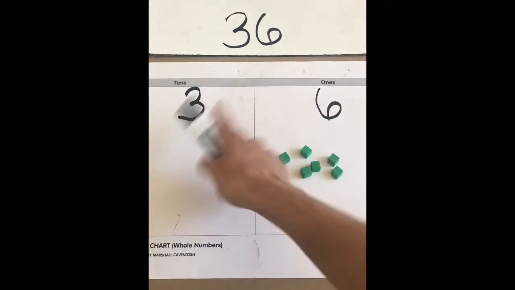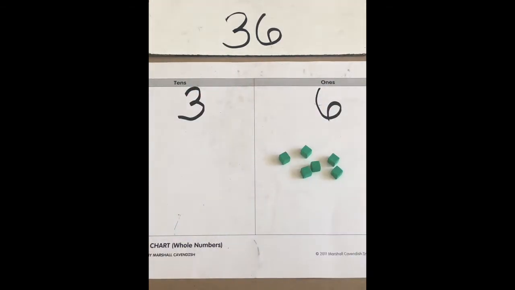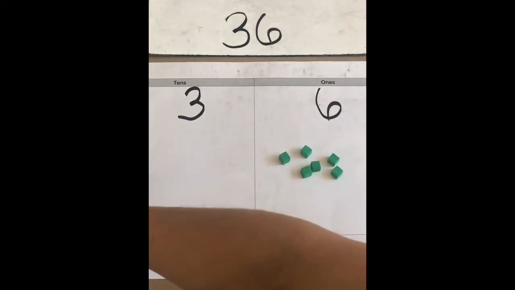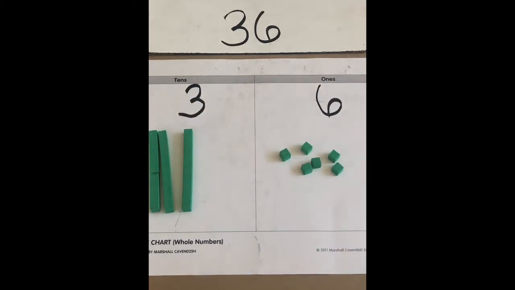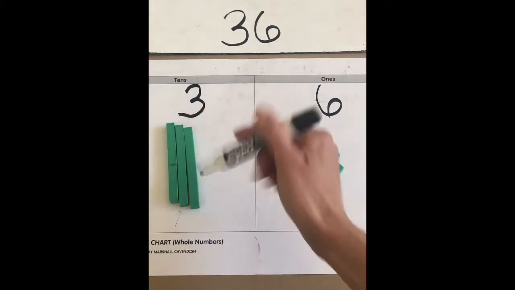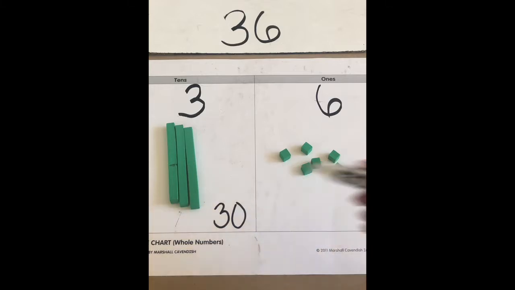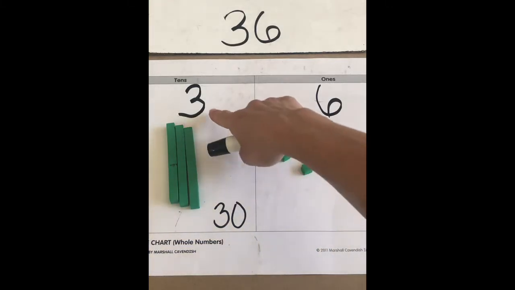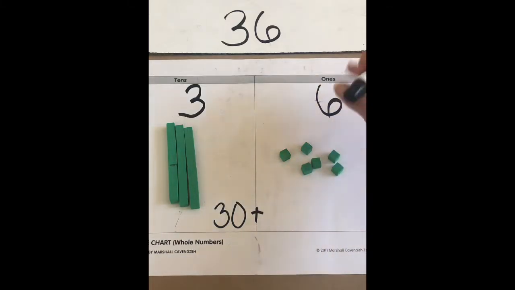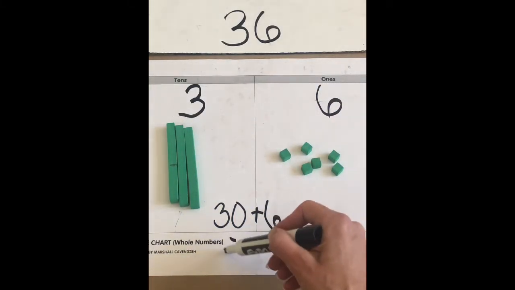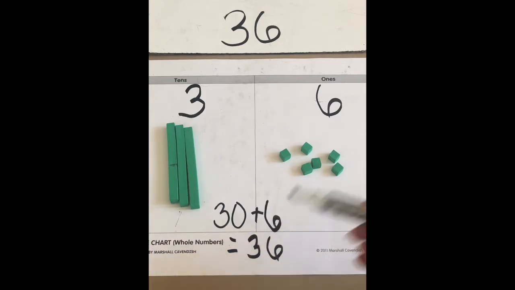Because 3 is in the column left of the 6, it has a value of 3 tens, which is 30. So the value of this 3 tens is 30. The value of the 6 ones is 6. So 30 plus 6 equals 36.